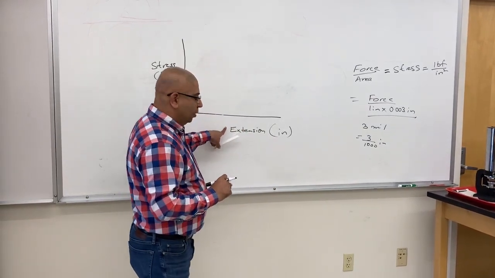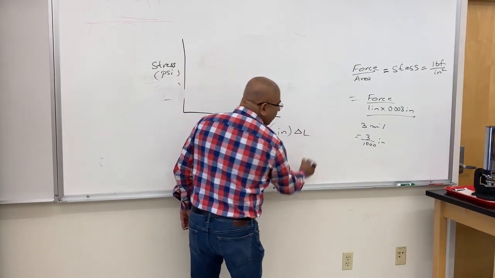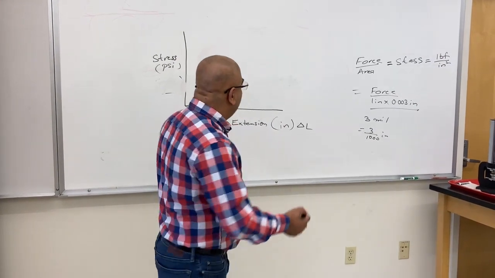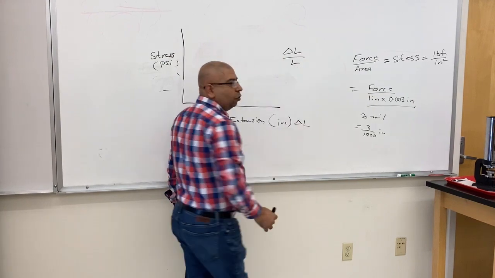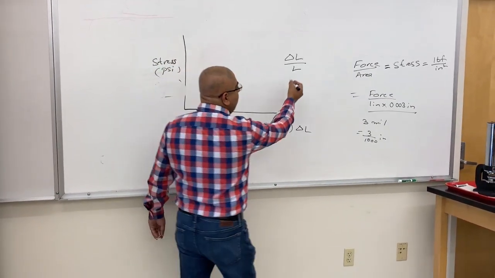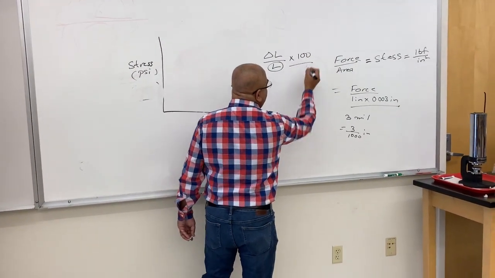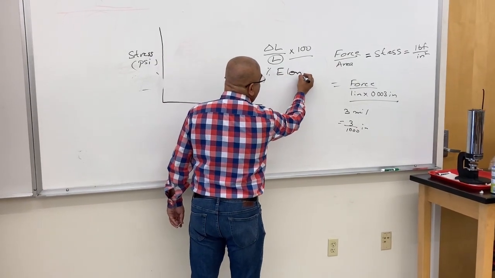So extension, we can represent it as the change in length. Let's say delta L. Delta L is change in length or extension. So if we normalize it with original length, delta L by L, so we start with X inches, let's say 2 inches or 5 inches, let's say that is L, right? So we normalize, and if we multiply it with 100, that is called percentage elongation.